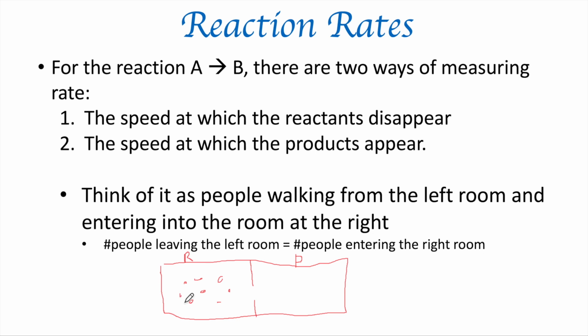They could be individuals or particles, it doesn't matter what it is. And they are going from A to B, so they're all moving in this direction. As you lose stuff here as reactant, you're also gaining it as a product over here. As they leave the room from your left to your right, you could be looking at the rate at which these things are disappearing, or you could be looking at the rate at which these are appearing. Hopefully that makes sense.